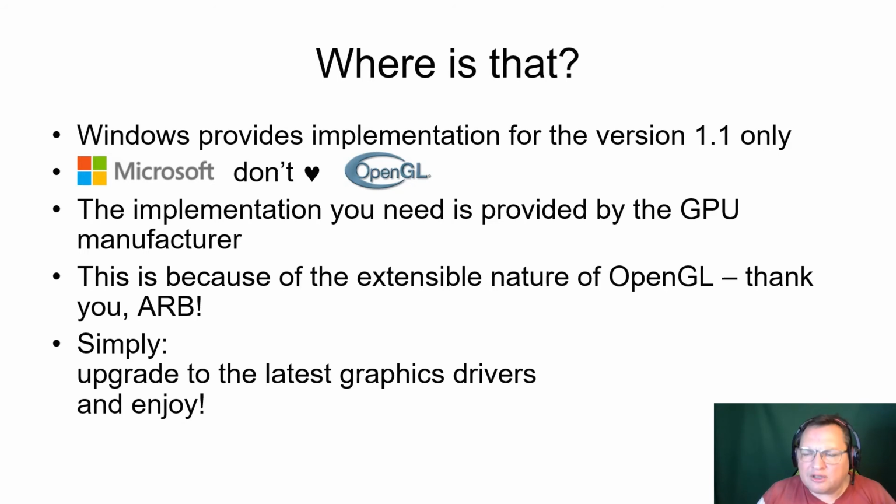Then you install drivers for your graphics card, and these drivers include extensions for OpenGL, which upgrade your version of OpenGL to the current version appropriate for your graphics hardware. So if this is a latest graphics card, this will probably be OpenGL 4.6.